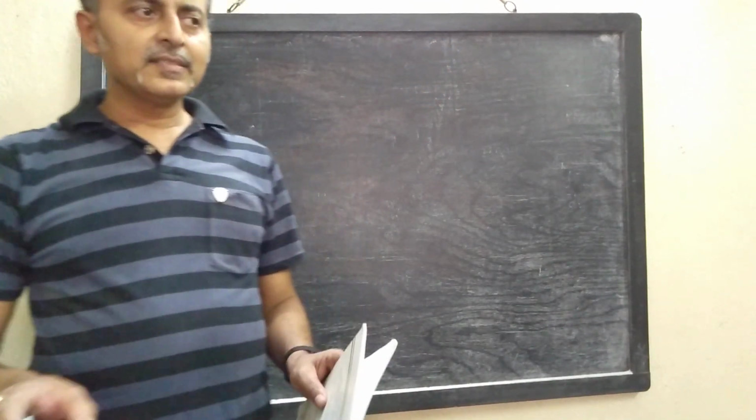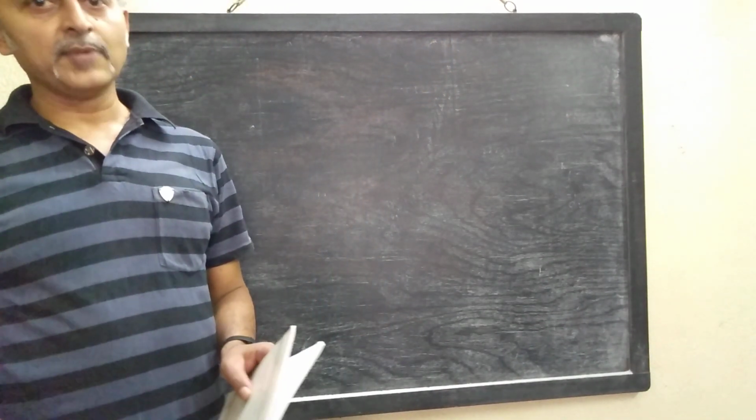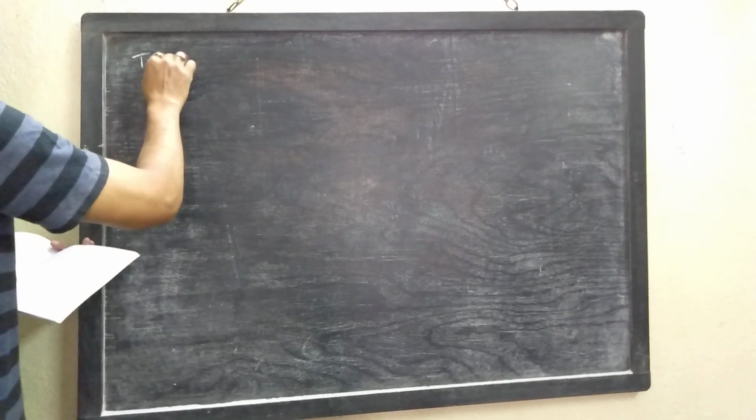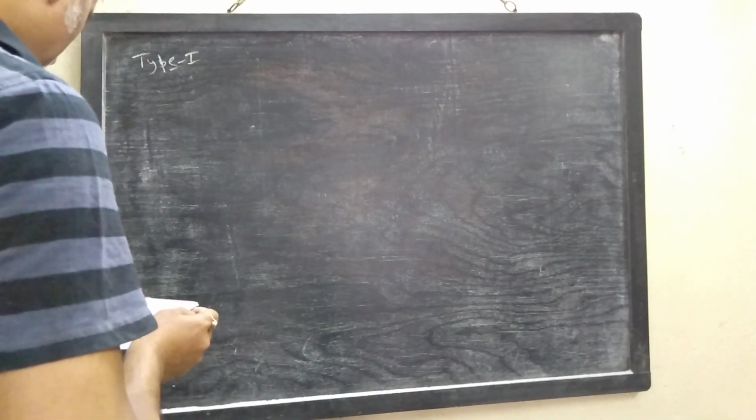Let us divide this section into different types of problems. First, type 1. This is a type where problems are on finding slopes of the tangent and the normal at a given point on the curve.